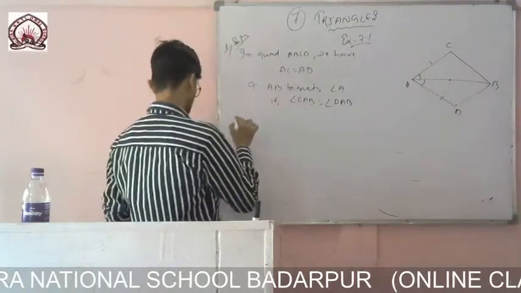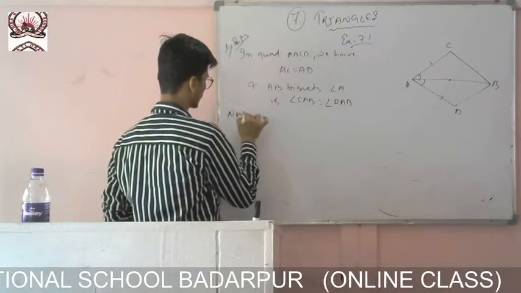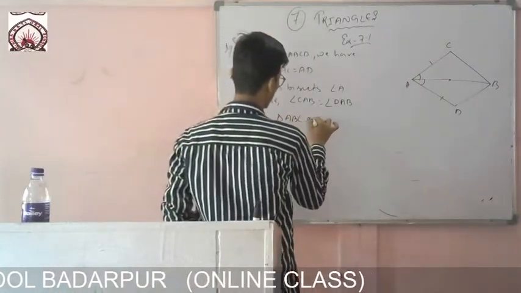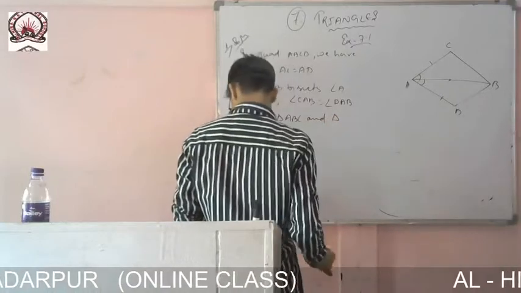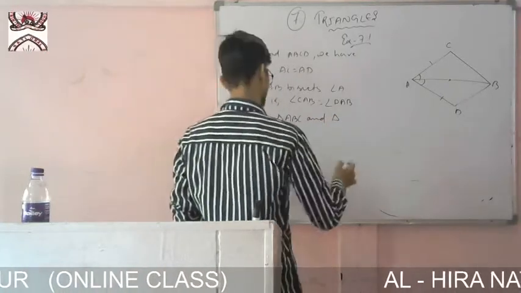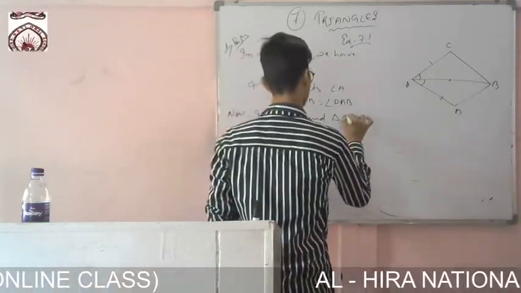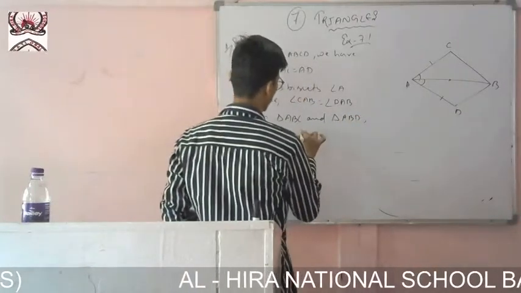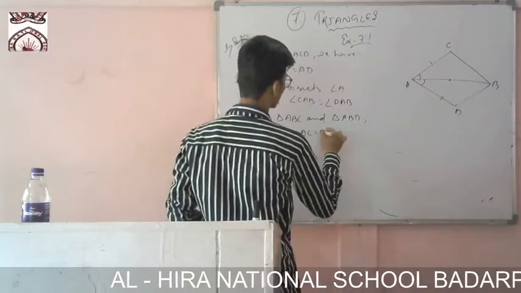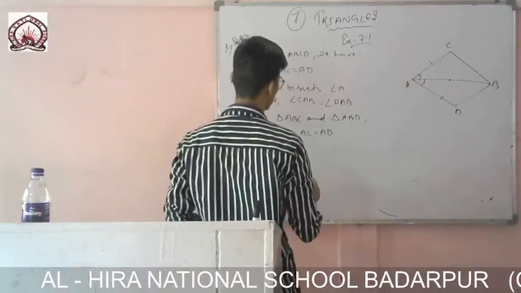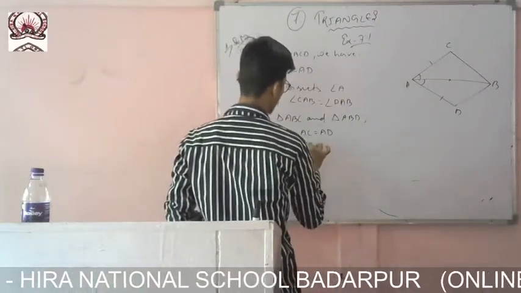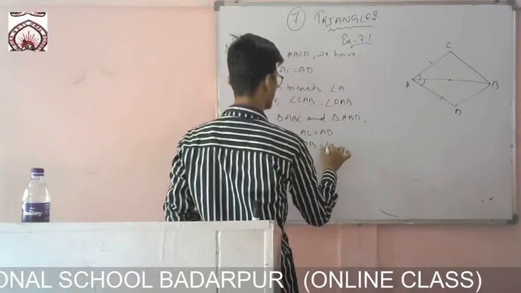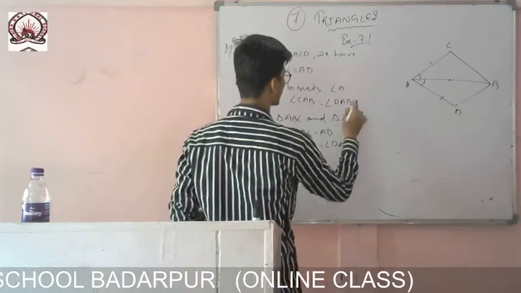So let me write. In triangle ABC and triangle ABD, what can I write? AC is equal to AD, it is given in the question. Angle CAB is equal to angle DAB, just now we have proved.